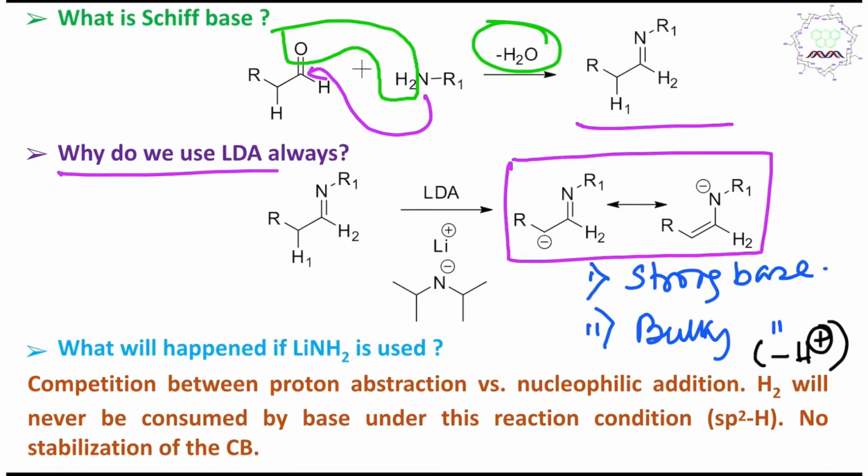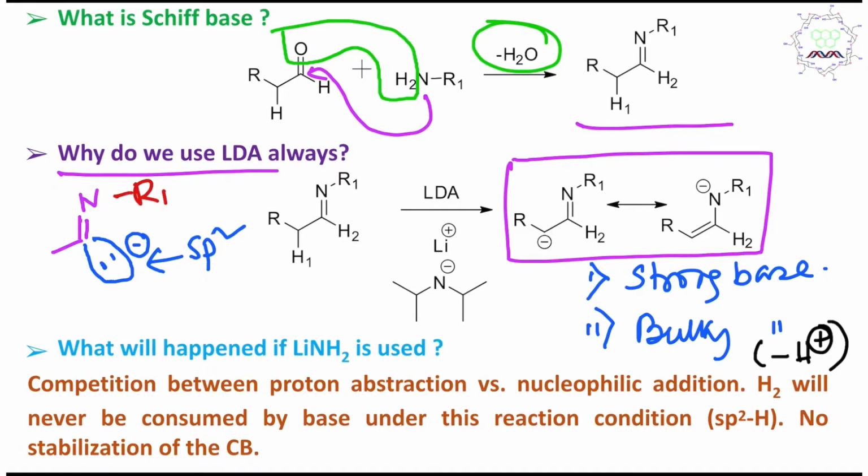Now question: why is this proton abstracted, meaning H1, why not H2? Because just consider, if H2 is abstracted by LDA, what will be the conjugate base? Because the acidity of any material is determined by the stability of the corresponding conjugate base. So the conjugate base is expected to look like this. This is the lone pair, or you can consider negative charge, and this is in an sp2 hybridized orbital.